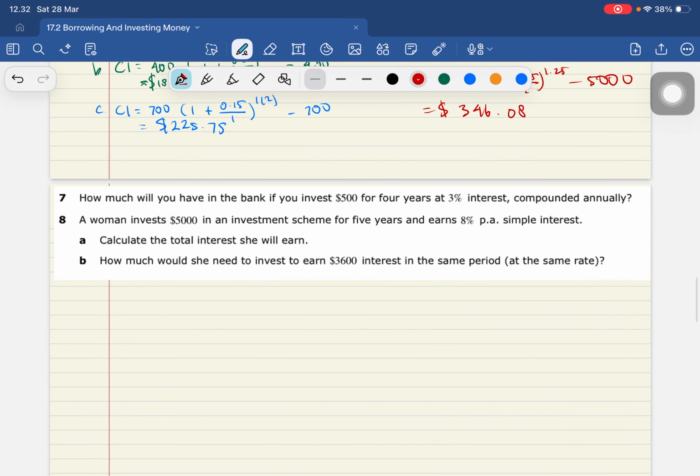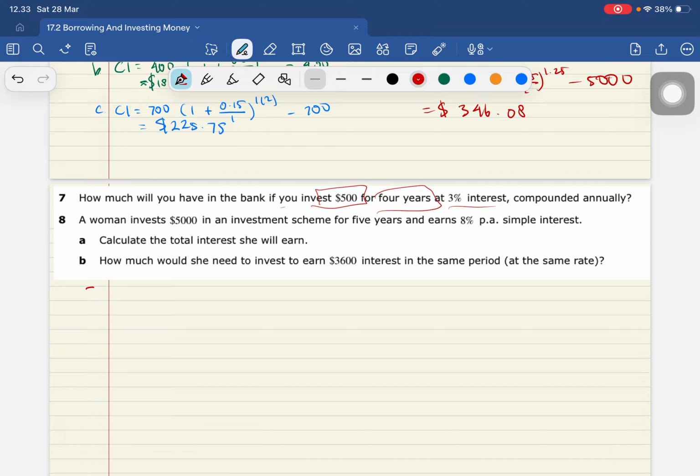Okay, number 7. Look at it. This is how much we'll have in the bank if you invest 500 for 4 years at 3% interest, compounded annually.